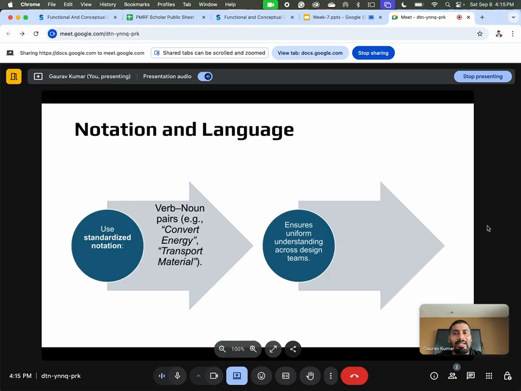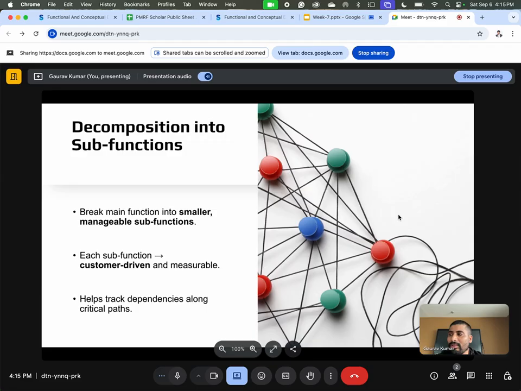Okay, and now next is decomposition into sub-functions. So after building the main function flow, we decompose the flow into sub-functions. So this step is where we move from broad definition to finer detail. Each sub-function represents a smaller manageable piece of the overall task.